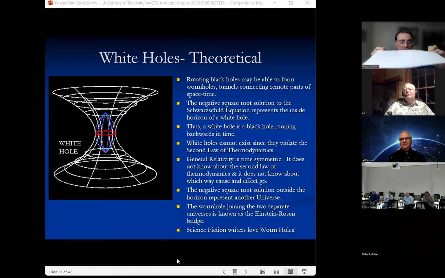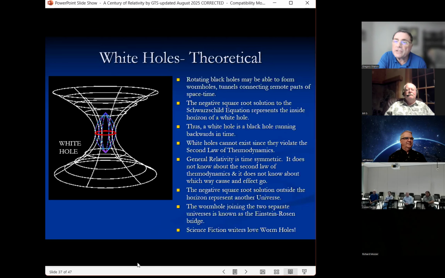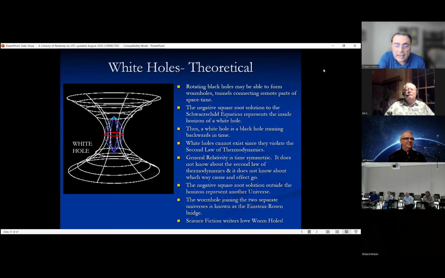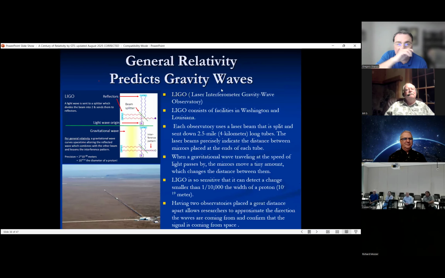See? Instead of traveling all this distance, it's like a shortcut. But it's all theoretical, and white holes really don't exist. But science fiction writers love white holes, to go from one end of the galaxy to the next through a white hole. And then general relativity predicted gravity waves, and these have been detected.